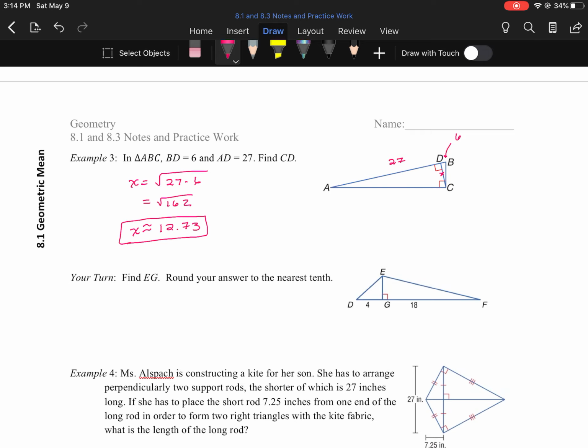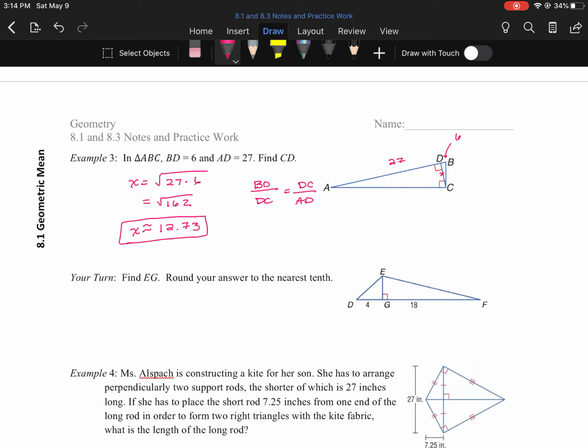Okay, again, you could go through and set this up as a proportion. We could do BD over DC equals DC over AD, and substitute the numbers in, solve it, and again, you will get the 12.73.